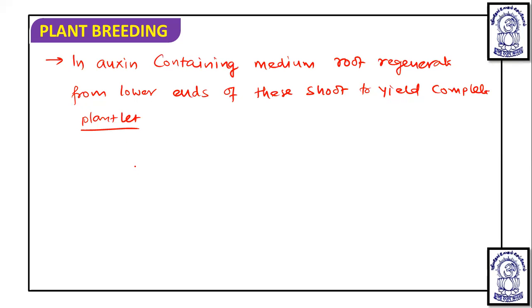So it is going to look like this, suppose we are doing it in a conical flask or in this particular petri dish, then it will develop a plantlet and roots in such a way.